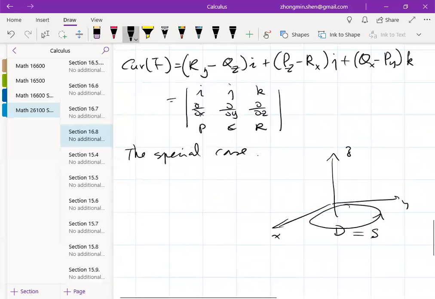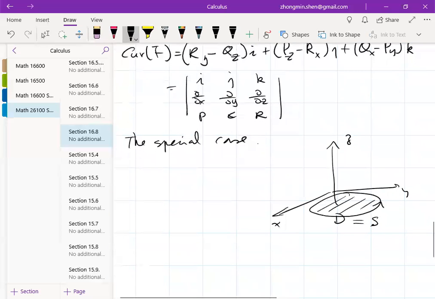It's a flat surface, right? Okay. So F is just equal to P and Q. Now this can be extended to a vector field in three-dimensional space. So here, more precisely, I have x, y, right?